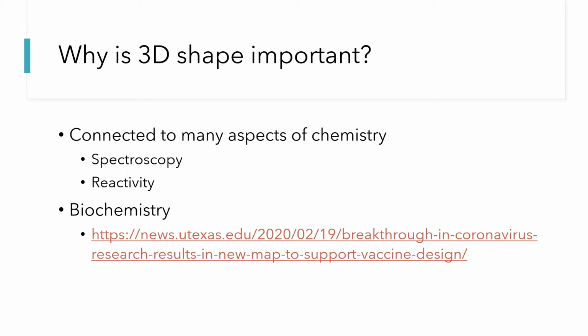And something that's probably very relevant for spring of 2020 is that the biological reactivity of molecules is extremely dependent on their shapes. This link here will take you to an article about researchers discovering the three-dimensional shape of a protein in the coronavirus and how important that is in trying to develop a vaccine.